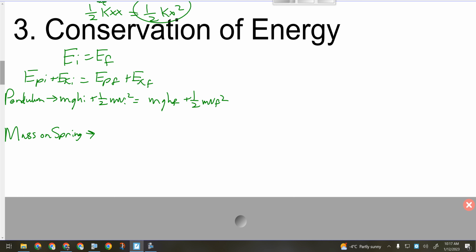A mass on a spring, which is what you're more likely to get in this unit, is going to have elastic potential energy. So everywhere where you see m times g times h, you're going to put in 1/2 kx squared instead.